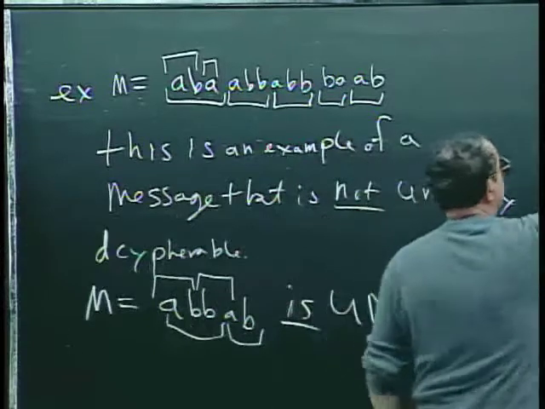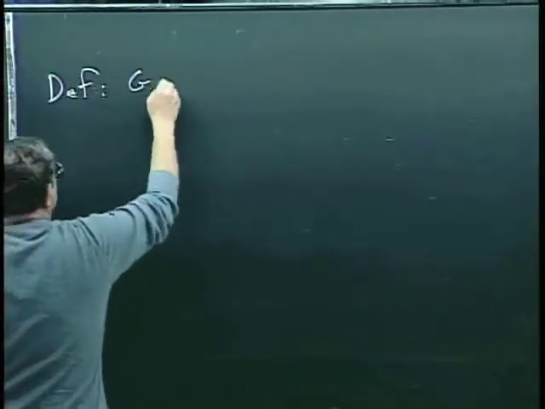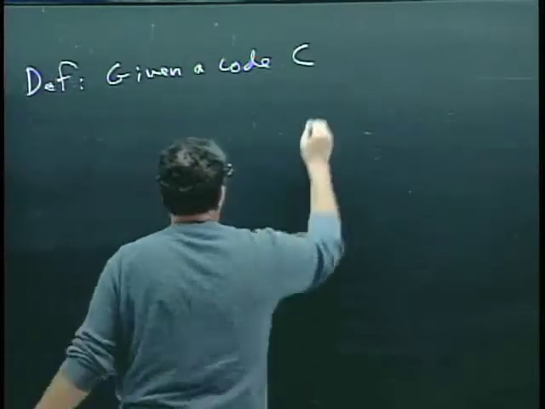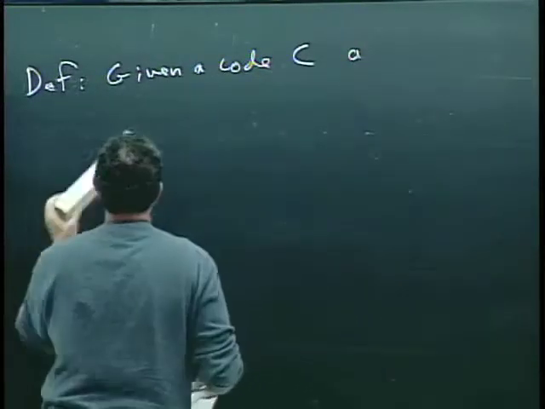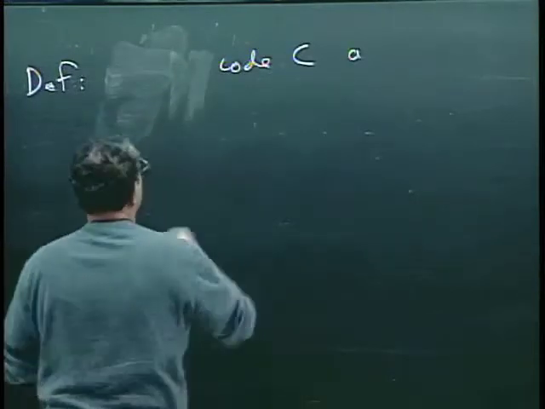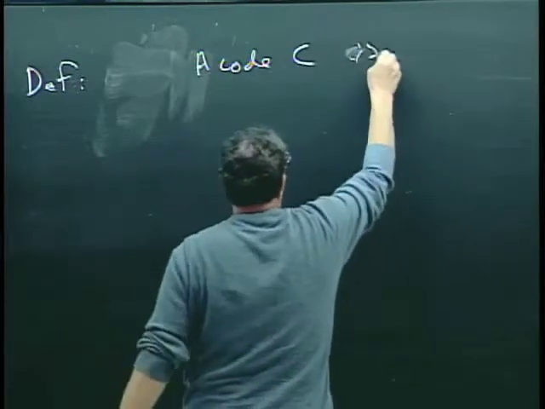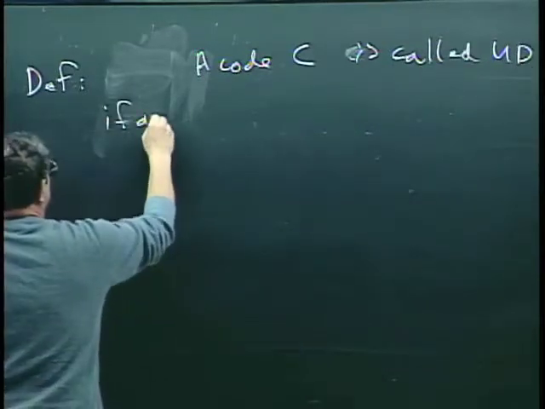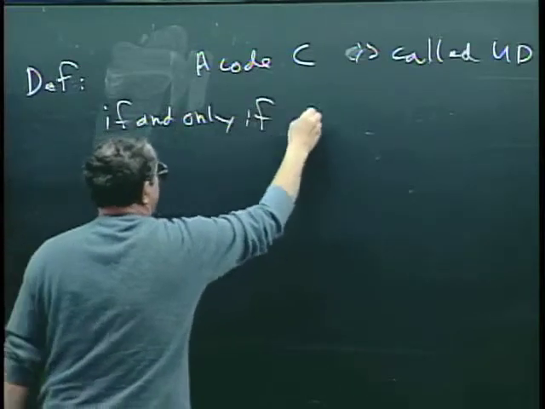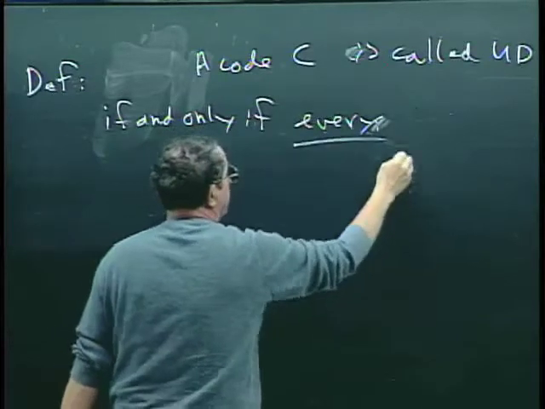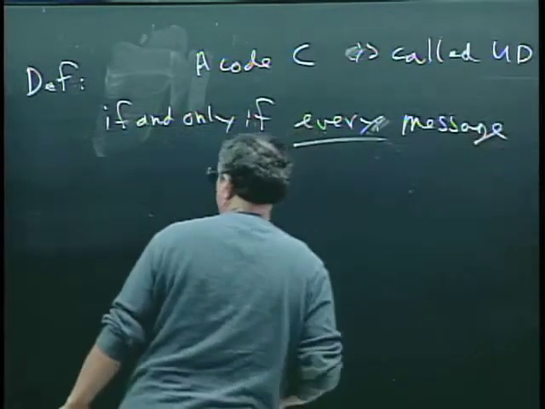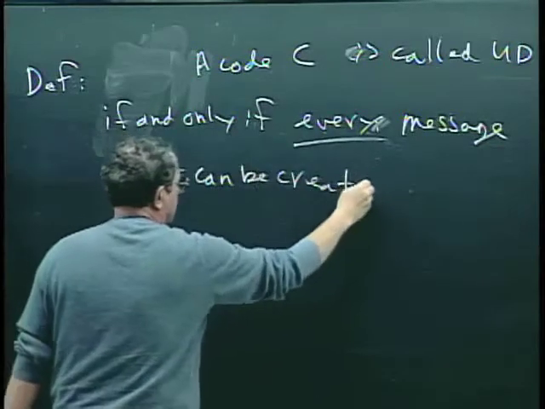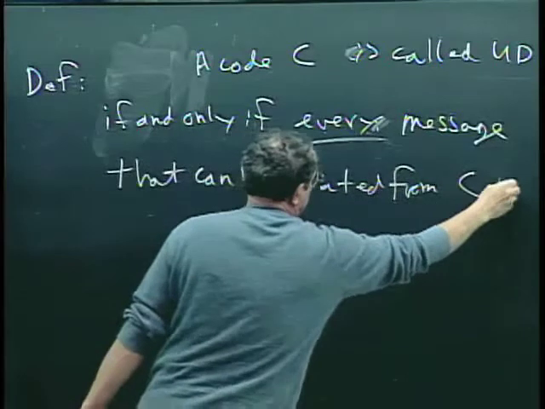Another definition: a code C is called uniquely decipherable if and only if every message that can be created from C is uniquely decipherable.